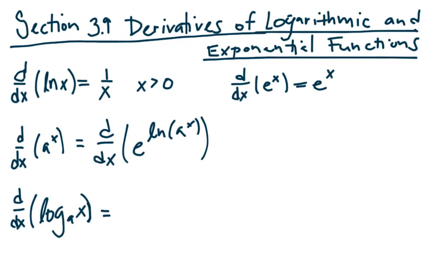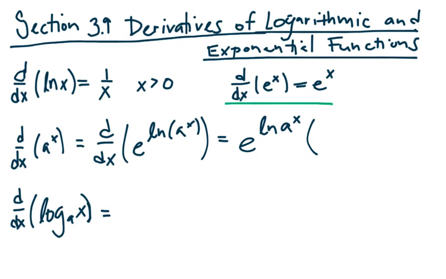So if we take the derivative of this quantity using an already known property, we already know that the derivative of e to the x is e to the x. So the derivative of e to the ln of a to the x is e to the ln of a to the x times the derivative of that exponent.